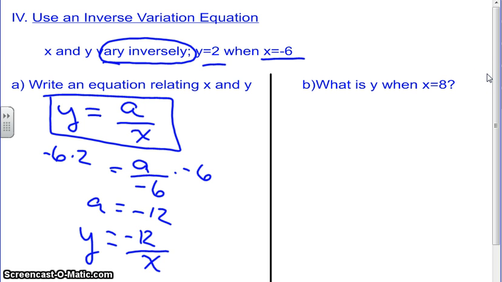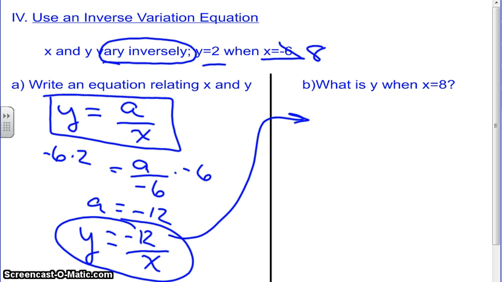What about if y is 8 when x is -6? I'm going to pause, come back and check your equation. Okay, so if we found this equation here, what we're really being asked is, what is the value of y when x is 8? So we use the equation we found, and we say y will equal -12 over 8.